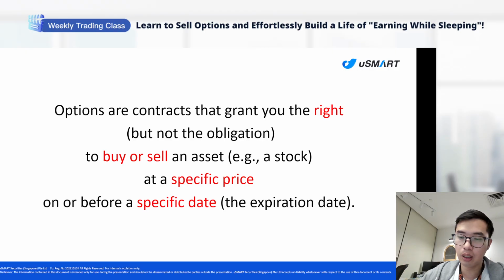If you are on the buy put side, you have the right to sell. This is just a basic idea. For those who don't really understand these basics, maybe you can look back at the replay in the app, or make sure you follow the uSMART monthly options basics trading sessions.